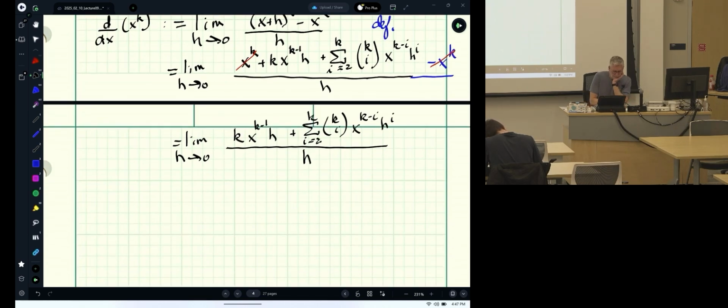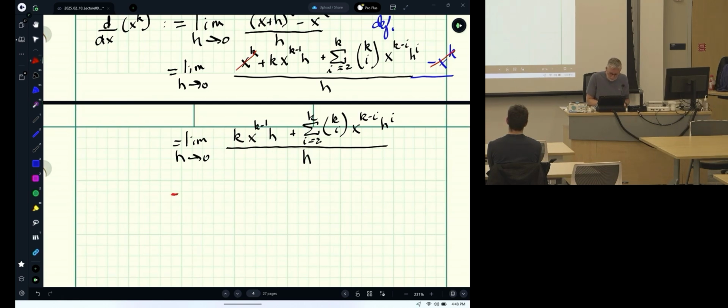And then this limit becomes very easy to evaluate as well. This one and this one will cancel, so this constant k x to the k minus 1 remains. And then the lowest power of h here is 2, and so this always has an h in it when we divide by h, and hence all of those terms go to 0.